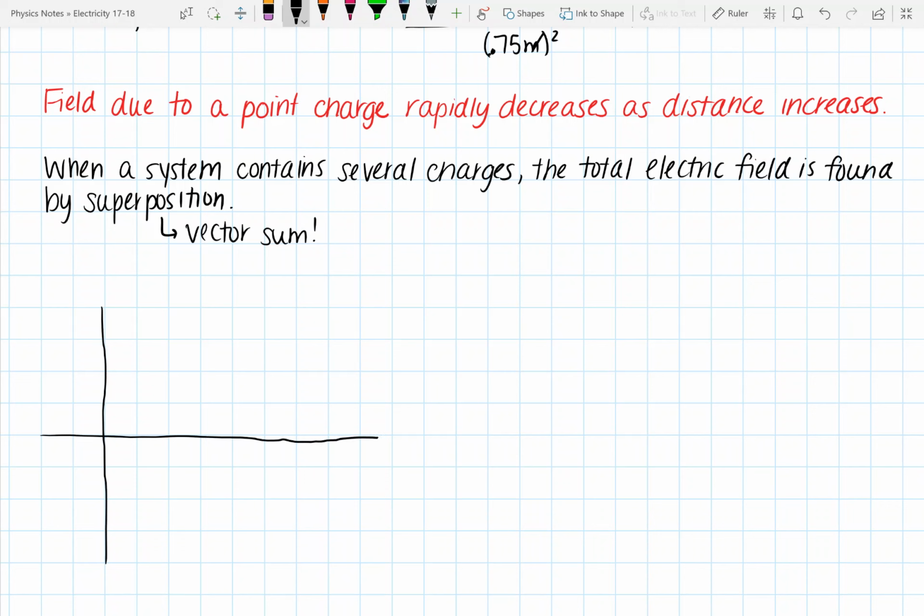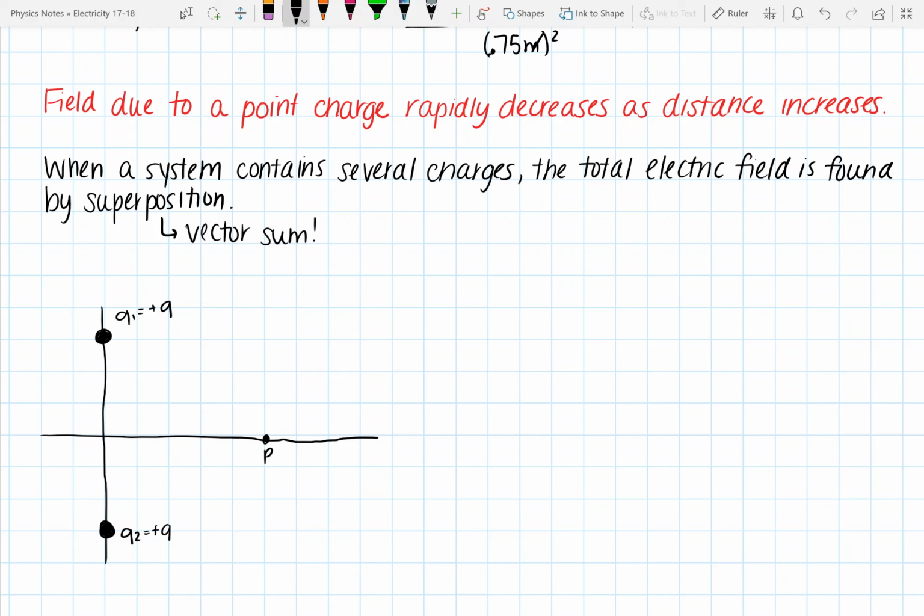And I have Q1 up here, and it's going to have a charge of plus Q. And I have Q2 down here, and it also has a charge of plus Q. I want to find the total field at point P. Okay, so I'm trying to find the total field at point P.